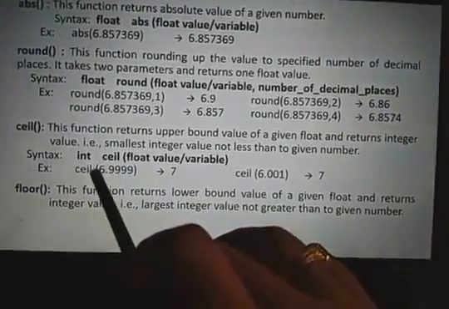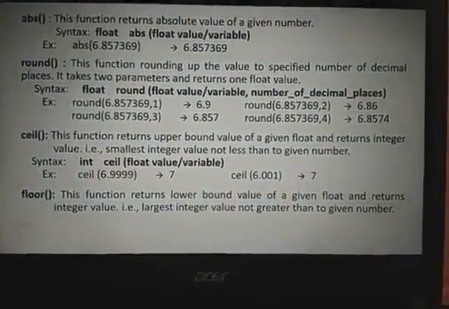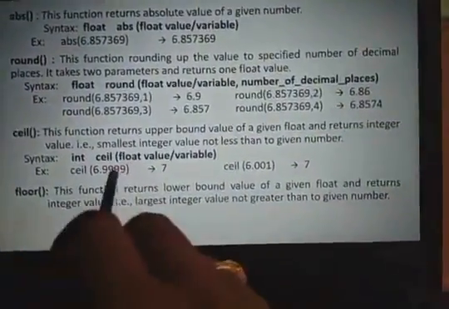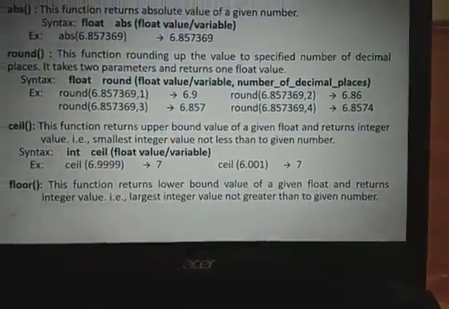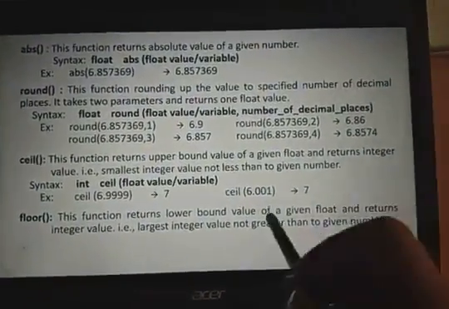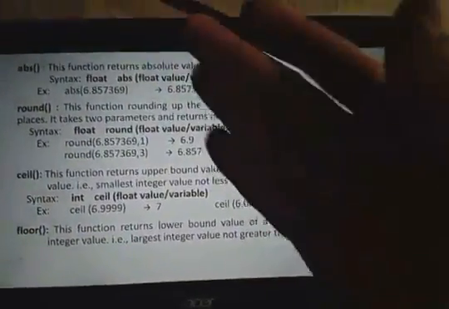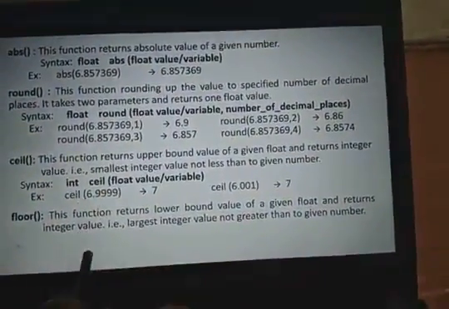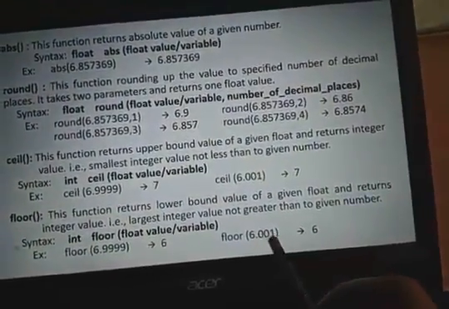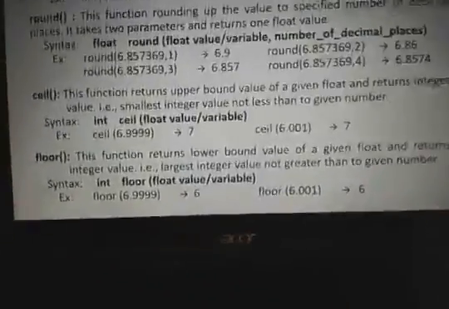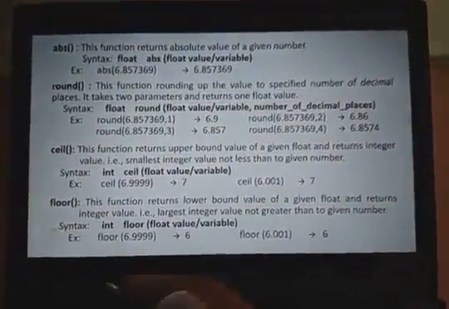Here it should not be less than 6.9, but for floor it should not be greater than 6.9. We should take only the integer value that is less. Just remember that for 6.9 we can take only 6. 6.0001 also gives 6, because the previous integer value is only 6.